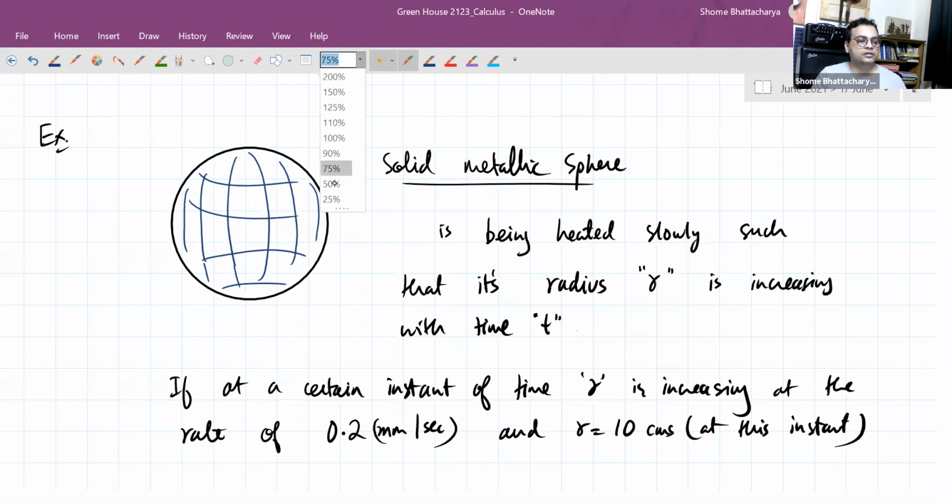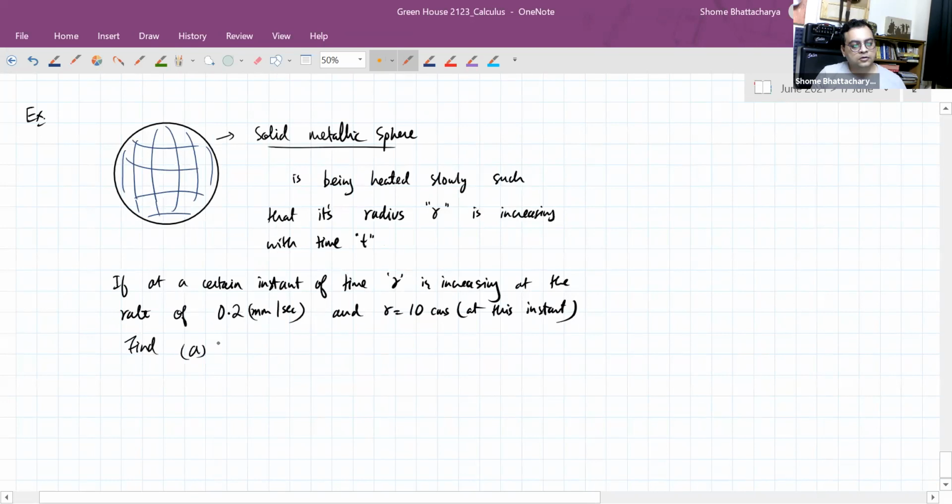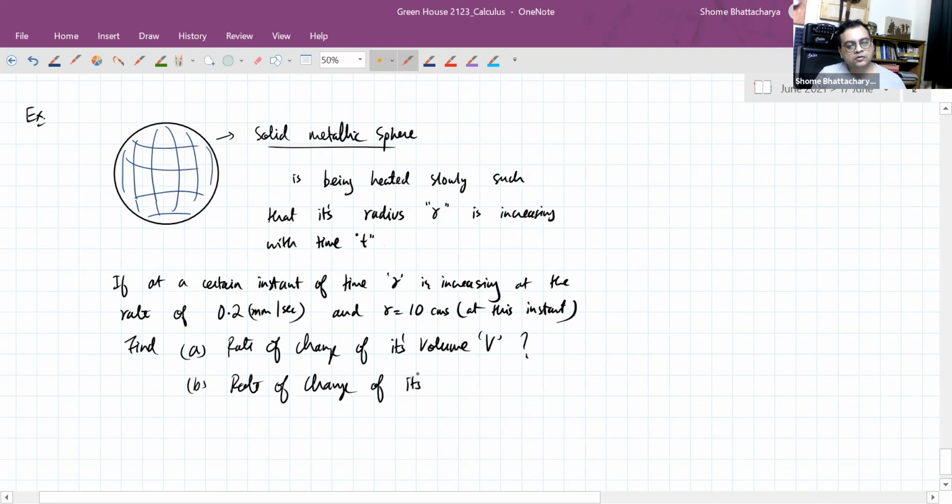Then we want to find the rate of change of its volume V, and we want to find the rate of change of its surface area S.